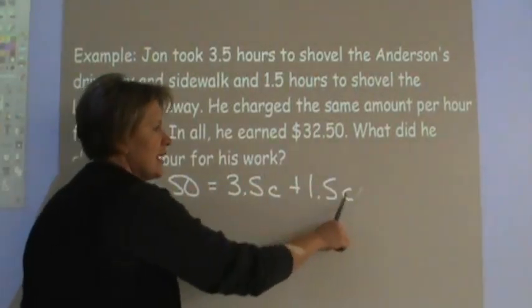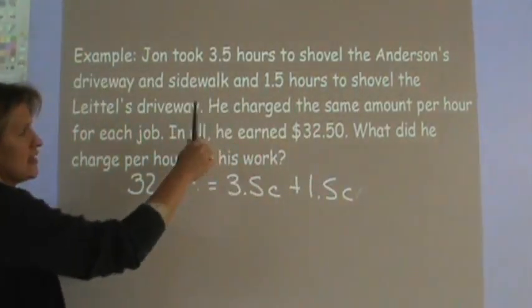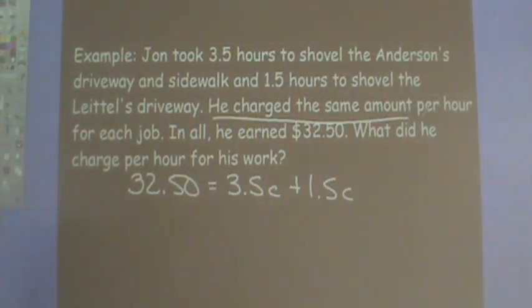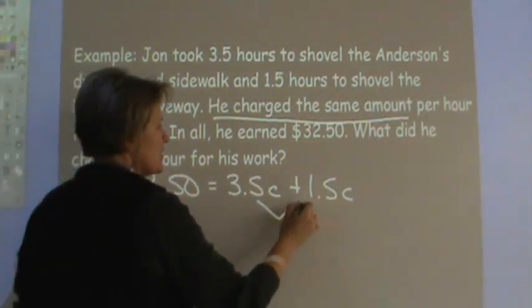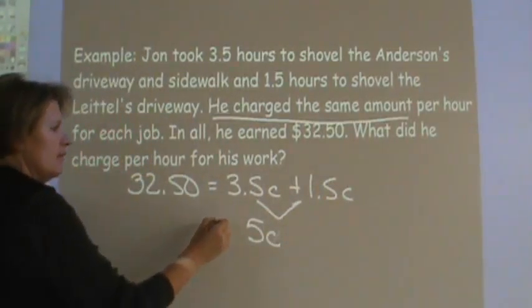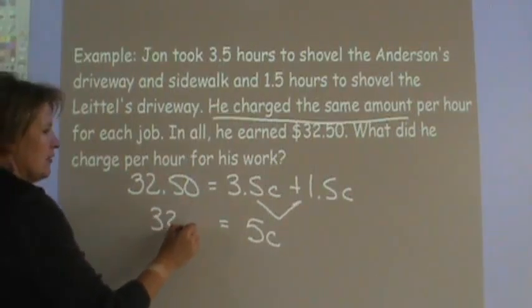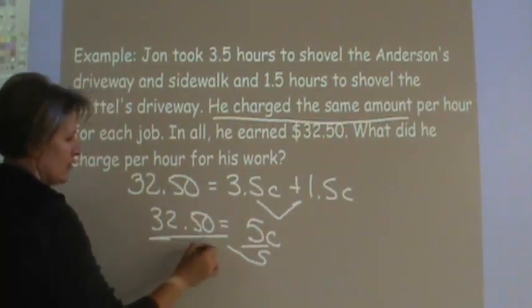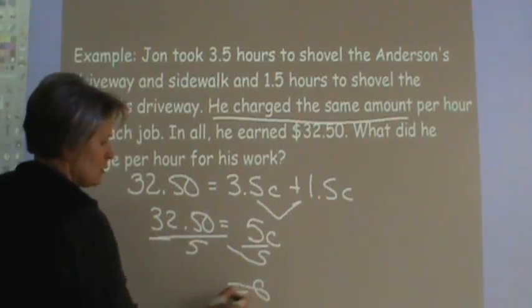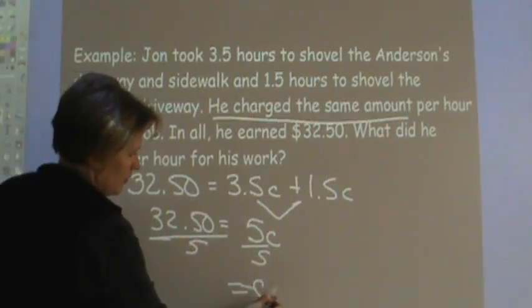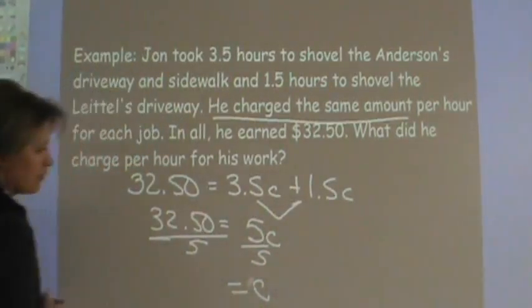Okay, so we can use the same letter because they told us that he charged the same amount per hour per family, okay? So if we add this together, basically he worked 5 hours at whatever rate, and then that got him his $32.50, okay? So if I divide by 5, that should tell us what he earned, or what he charged, I guess, per hour.